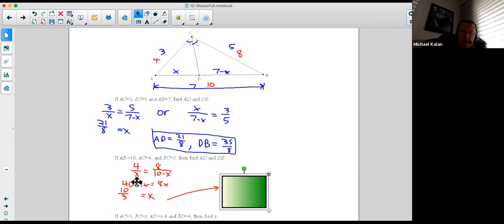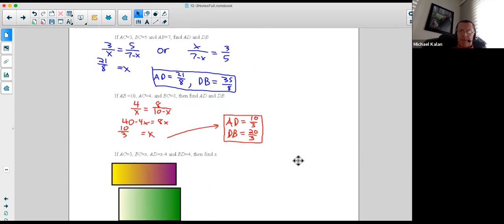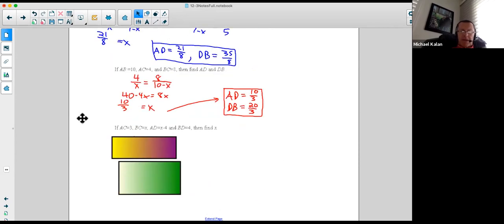Because we would move that over and make it 12X, divide both sides by 12, and 40 over 12 reduces to 10 over 3. Okay, so that's what X is. Then we need to find AD and DB. And if we know X is what AD is, then it's 10/3. And DB would be 10 minus 10/3, or 30 over 3 minus 10 over 3, which is 20 over 3. All right, great. Let's try this next one.